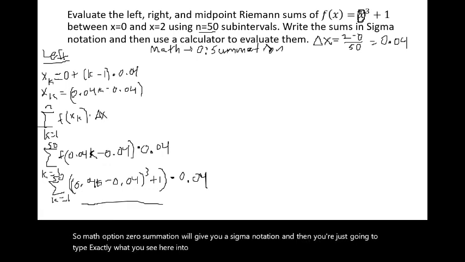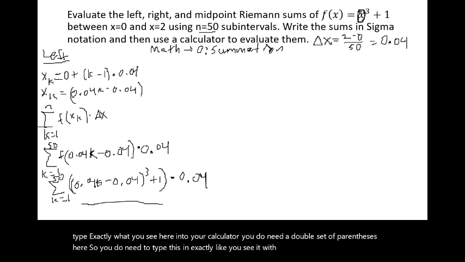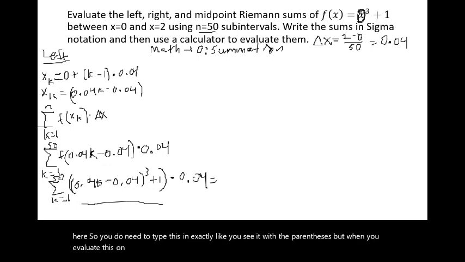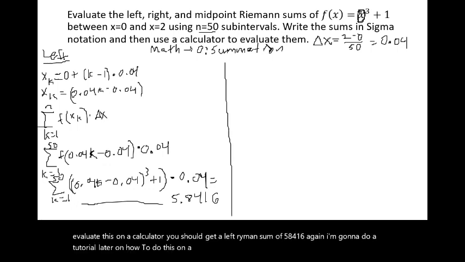You do need a double set of parentheses here, so you do need to type this in exactly like you see it with the parentheses, but when you evaluate this on a calculator, you should get a left Riemann sum of 5.8416. Again, I'm going to do a tutorial later on how to do this on a calculator. You'll just have to hold on for a separate video for that.